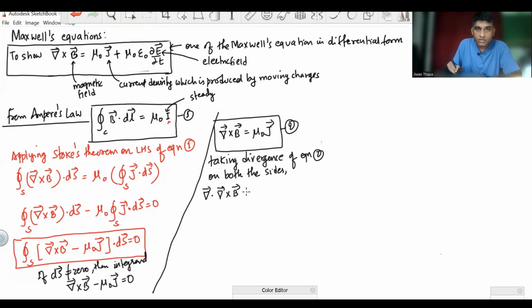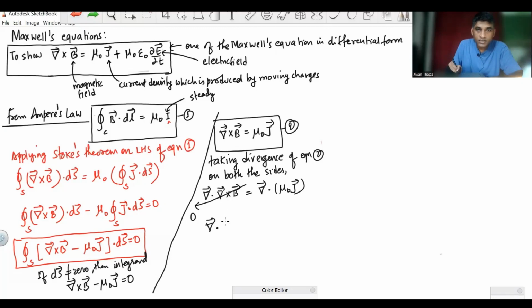So this equals, so we have this, and we know this is 0. Clear? So we have this. So we can write divergence. Okay, this is called divergence.